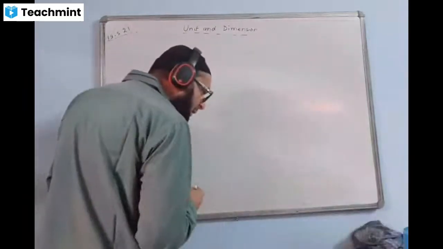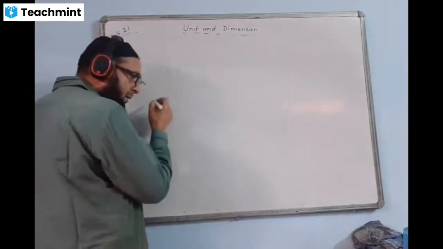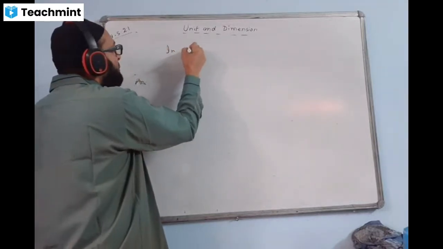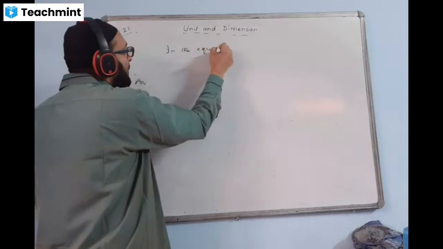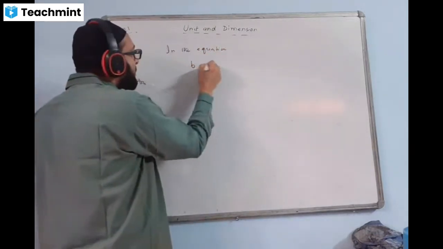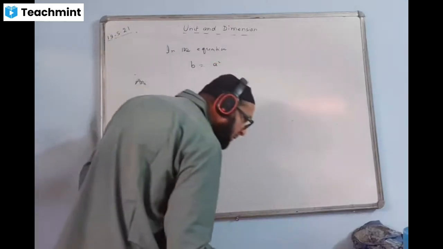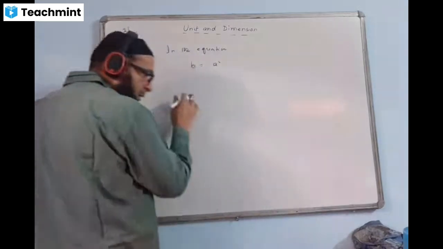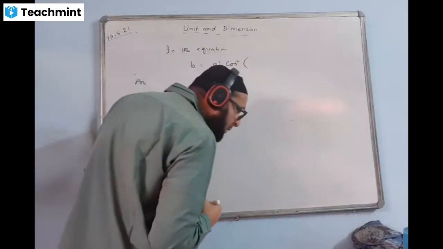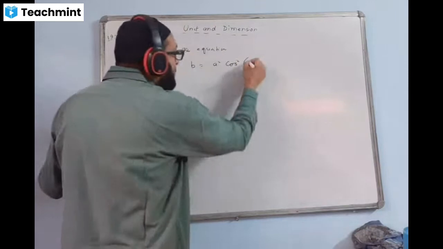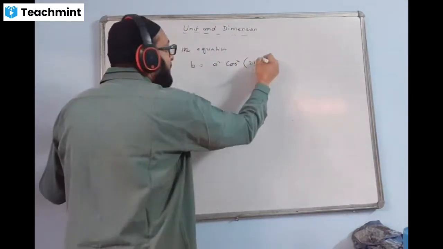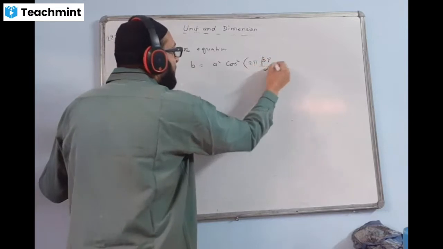Here the question says, in the equation, B equal to A square cos square bracket 2 pi beta gamma by alpha.